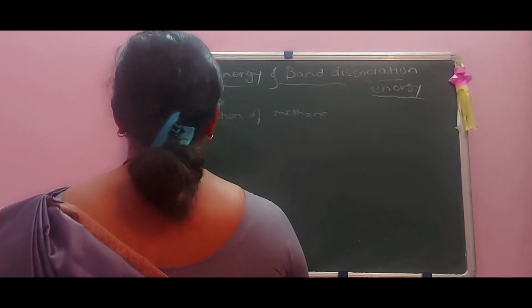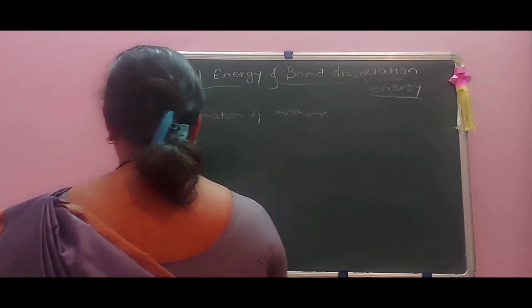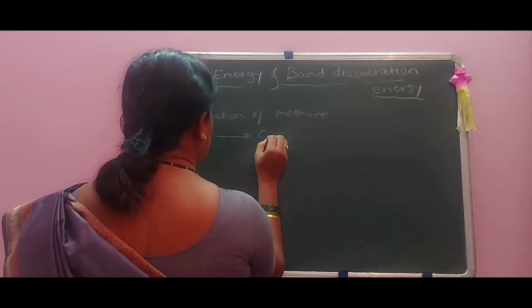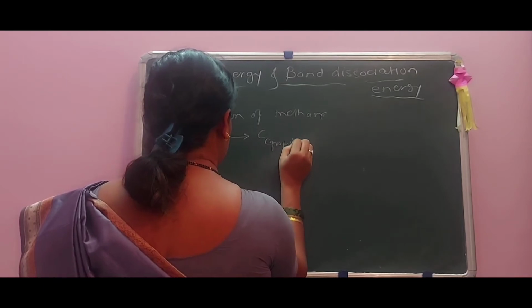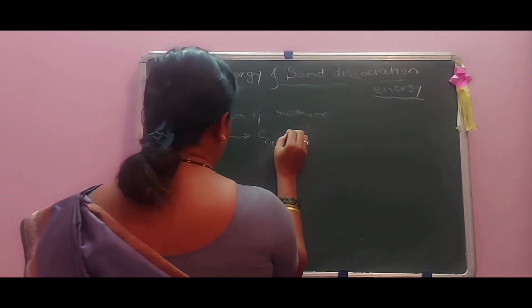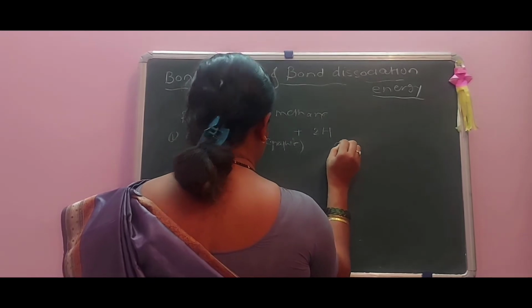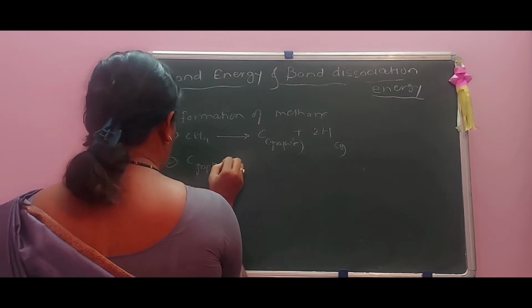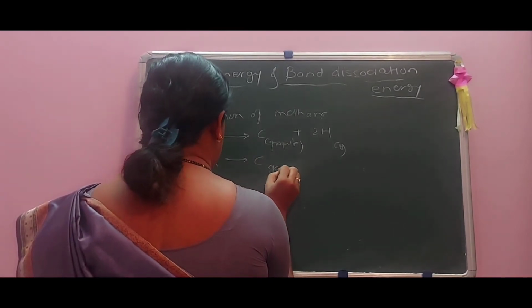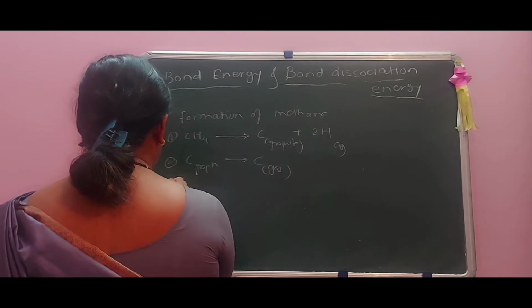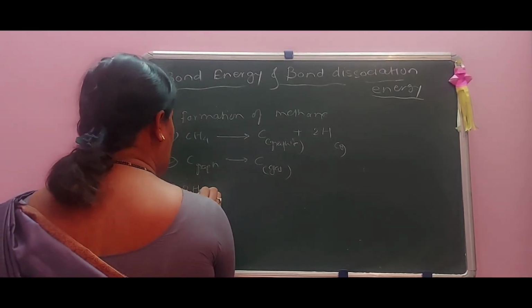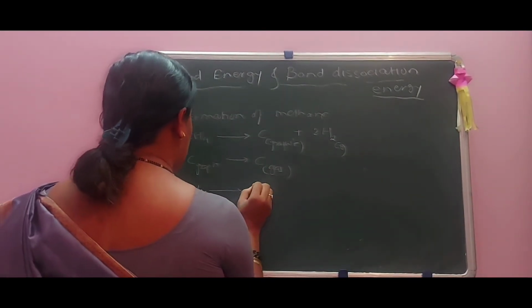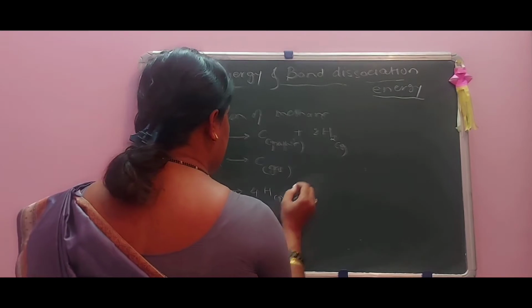Okay, the reactions are like this. First reaction: CH4 gives rise to C graphite plus 2H2, that is H plus H in gaseous state. Second reaction: C graphite gives rise to C gas. Third reaction: 2H2 gives rise to 4H in gaseous state.